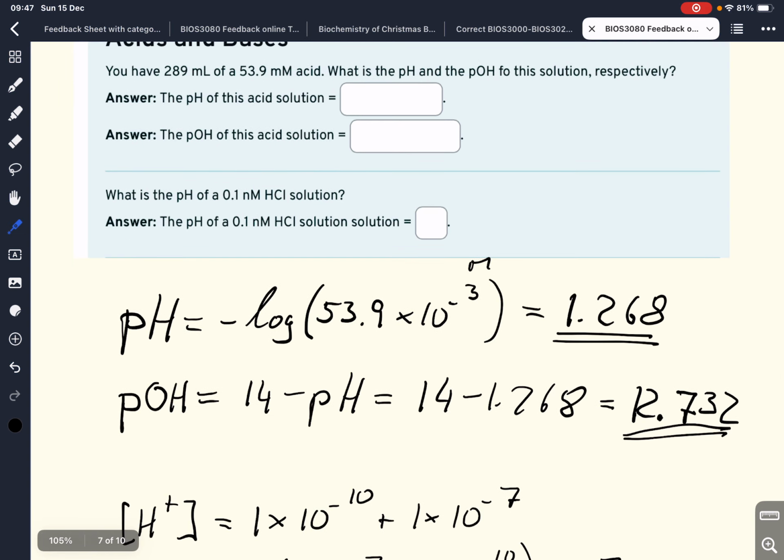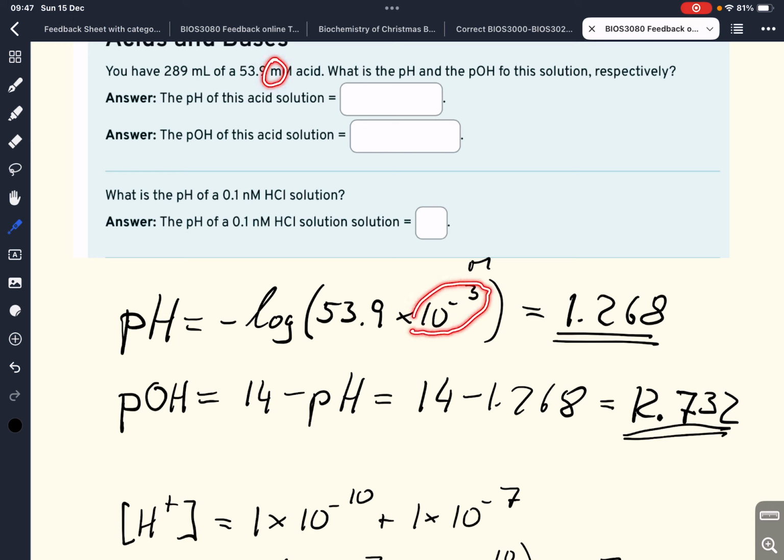So we know that we have a strong acid, which means we can use the equation pH equals negative logarithm of the acid concentration, and the acid concentration is 53.9 times 10 to the minus 3. That is 53.9 millimolar. But we need to convert the milli into molar.